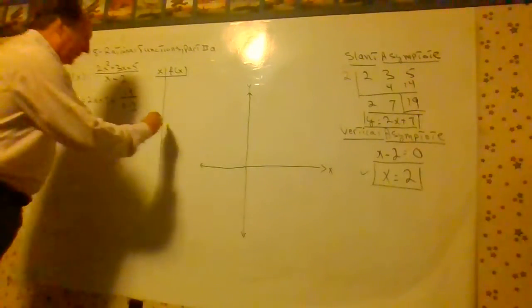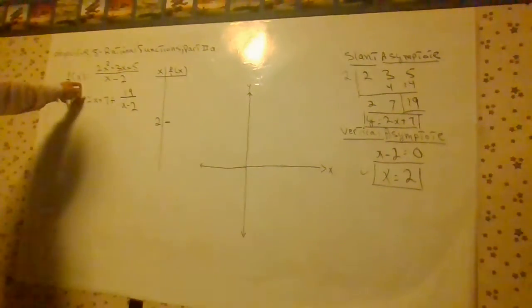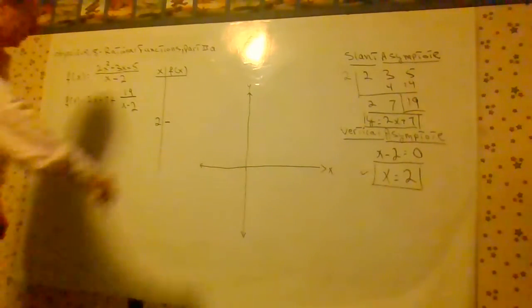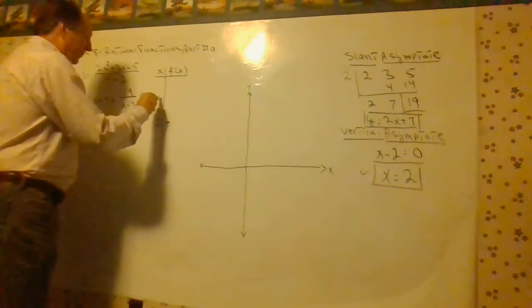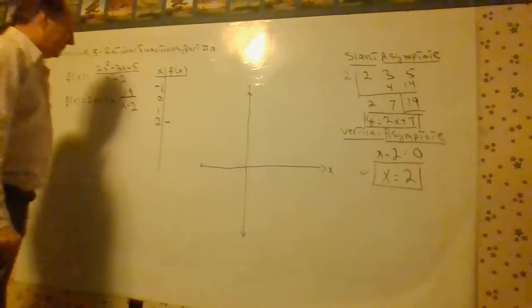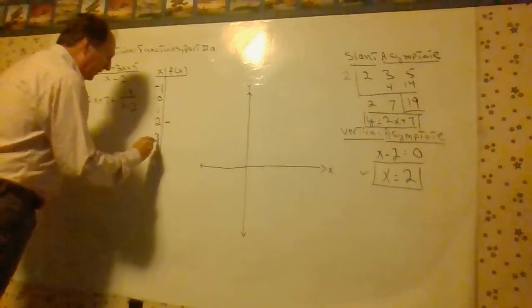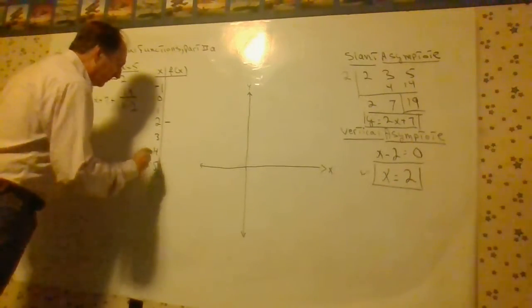And that's undefined there. If you try to find f of 2, you have division by 0. Then we're going to go up, 1, 0, negative 1. And then we're going to go forward, 3, 4, 5.